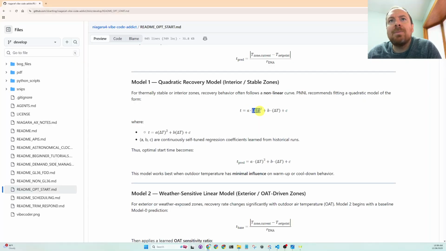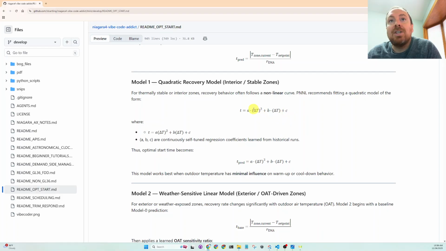That's zone temp minus the occupied heat or cool setpoint, squared, times an A parameter, plus a B parameter times the delta temperature again, plus a C parameter.